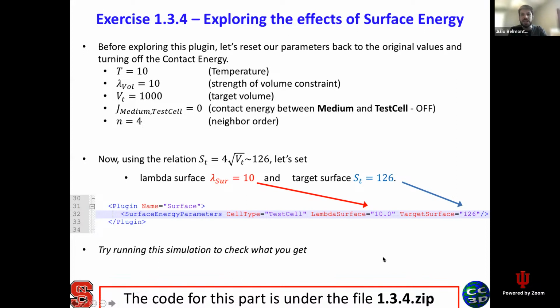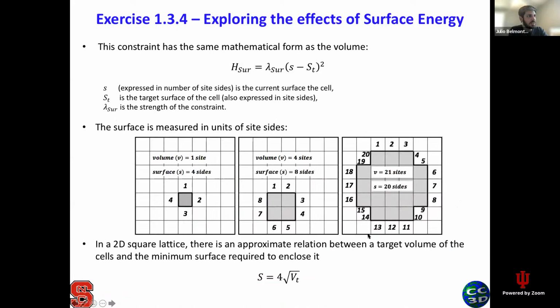So please try to implement that and run the simulation and tell me what you see. Here, very quickly, if you count the number of sides that are shaded, you actually have 21.